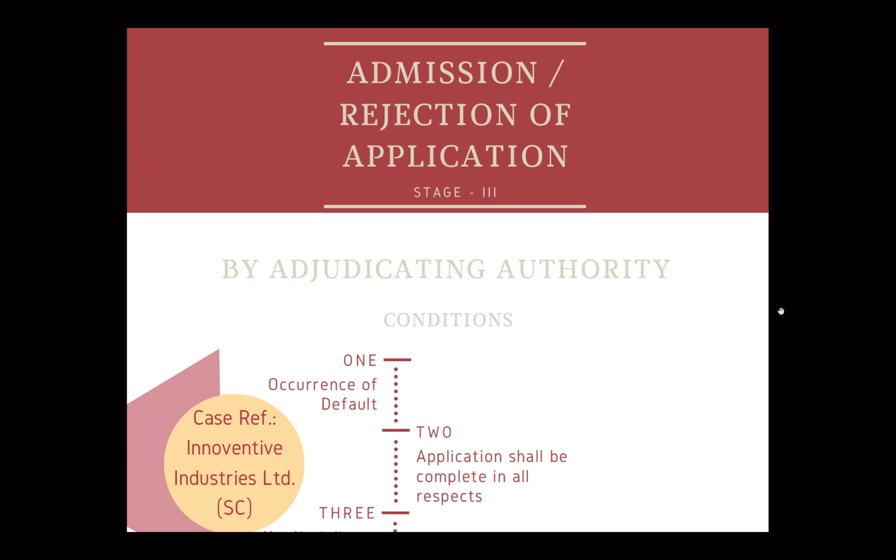Now that CIRP has been initiated, and either Form 1, Form 5 or Form 6 has been filed by the respective parties before the NCLT, what will the NCLT look into? This is quite interesting and I enjoy debating this a lot.